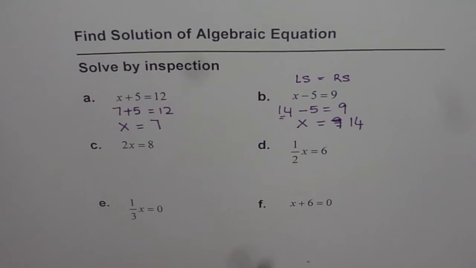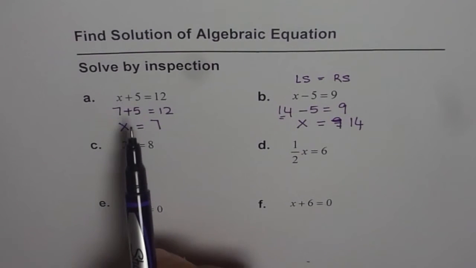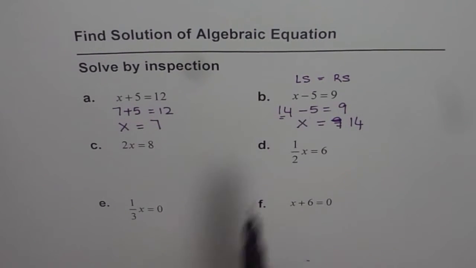Well, I have a good variety of questions here. The first one has addition, the next one subtraction, multiplication, division, and these ones are kind of different. They are equal to 0. That is a variety of algebraic equations which we are going to do in this playlist. After this, you should be in a position to solve most of the equations by inspection like we are doing now.